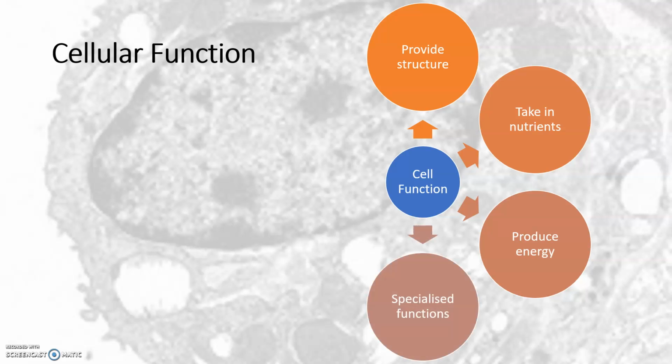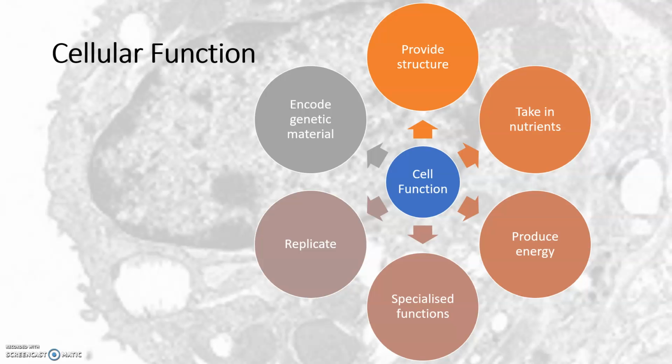They also have specialized functions, some of which we'll talk about, but if you think about all the different organ systems in the body, each is specialized towards a certain function that the body requires. Most cells have the ability to replicate, and of course they encode the genetic material of the organism.